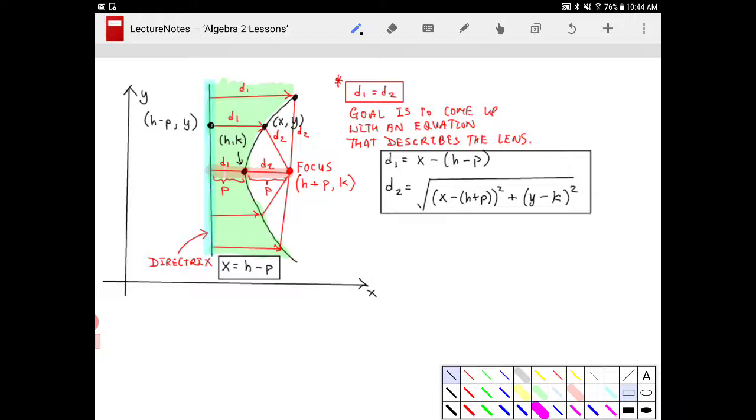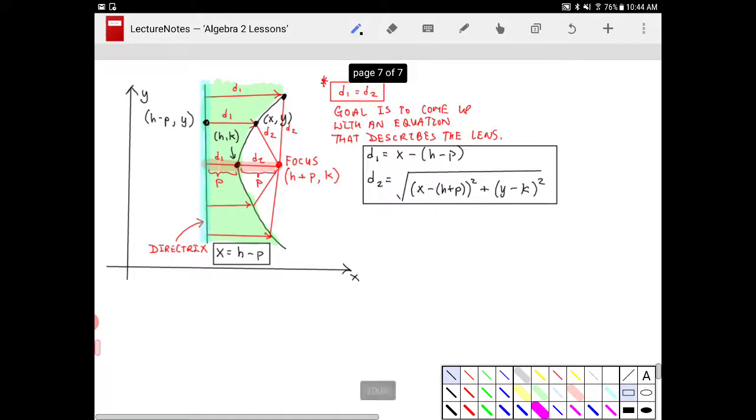Because of the law that the length of the path of the light within the lens, and the length of the path from the lens to the focal point, has to be the same, we are going to use this information to come up with the equation now.